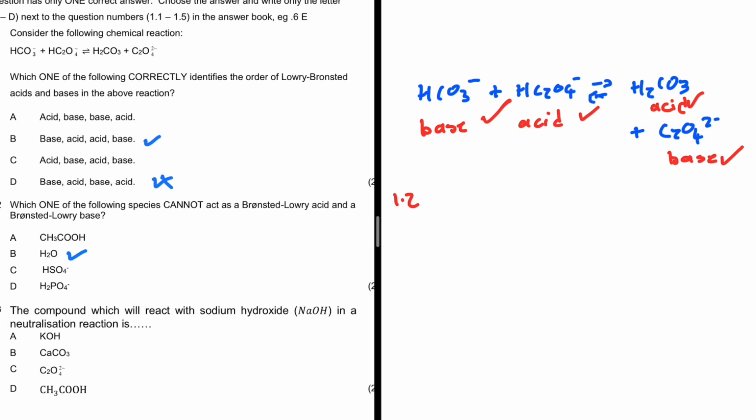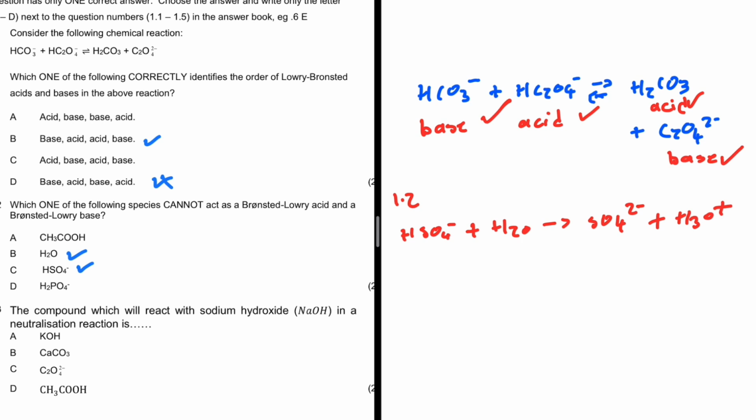And then HSO4 minus can act as both an acid and a base. Well, let me show you how it can act as an acid. So let's say we have HSO4 minus plus H2O. This can give us SO4 2 minus plus H3O plus.